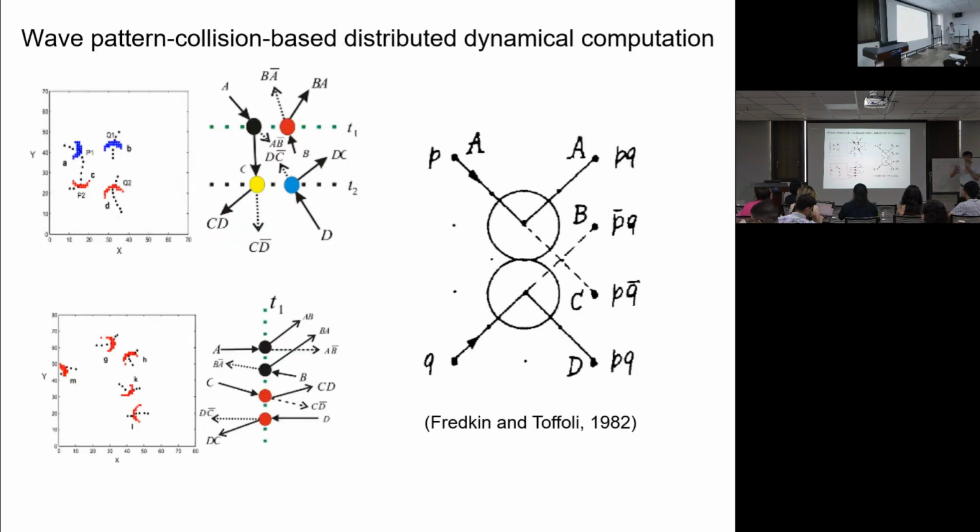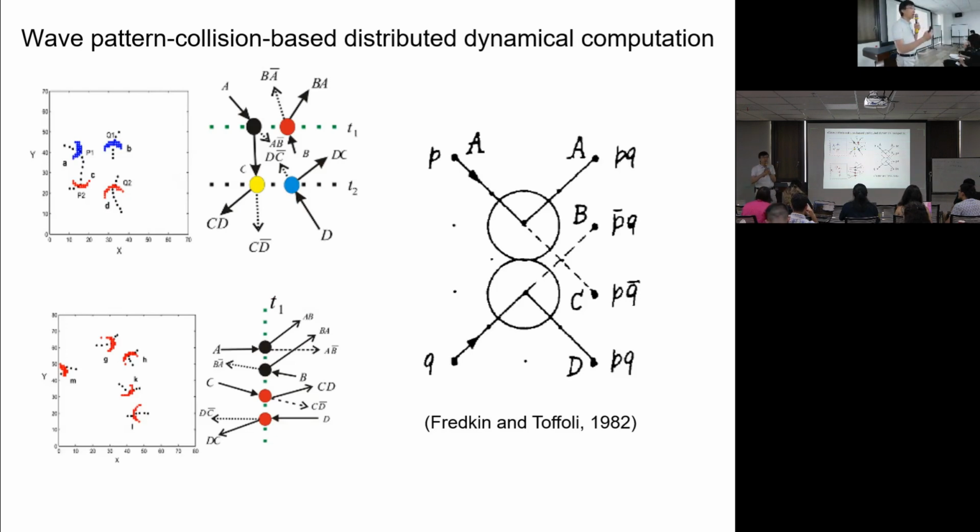And this is just pure theoretical prediction, or one of my assumptions. I think those wave patterns like spirals or sources or sinks or maybe many other patterns may allow or enable the brain to do non-conventional computing. The idea is that the collisions or interactions of those patterns may do a type of distributed dynamical computation.